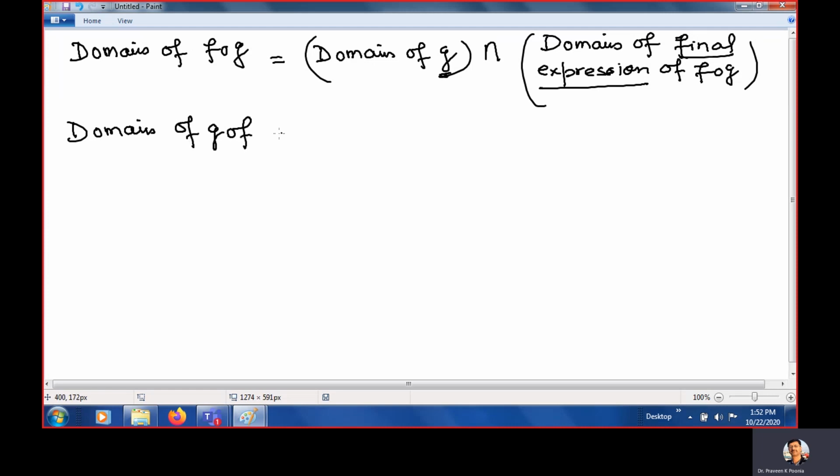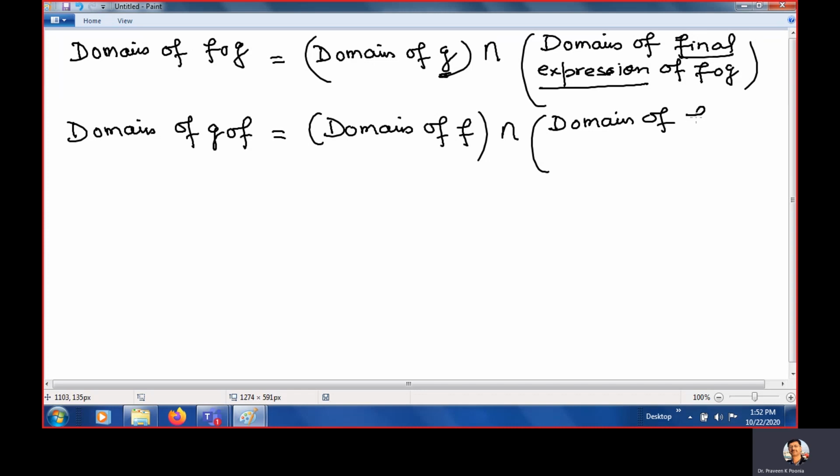For g composition f, it is the domain of f intersection the domain of the final expression of g composition f.